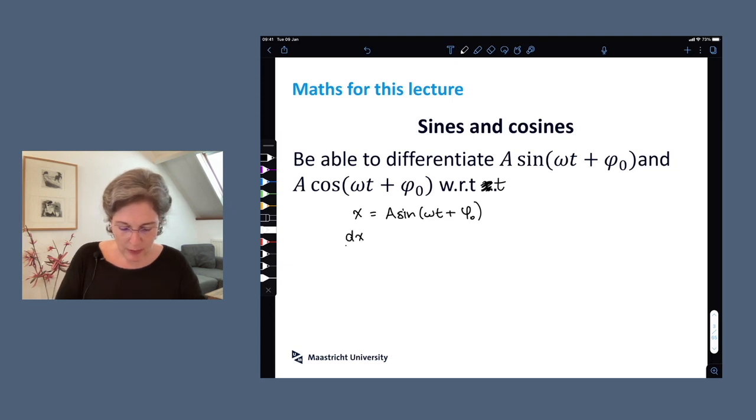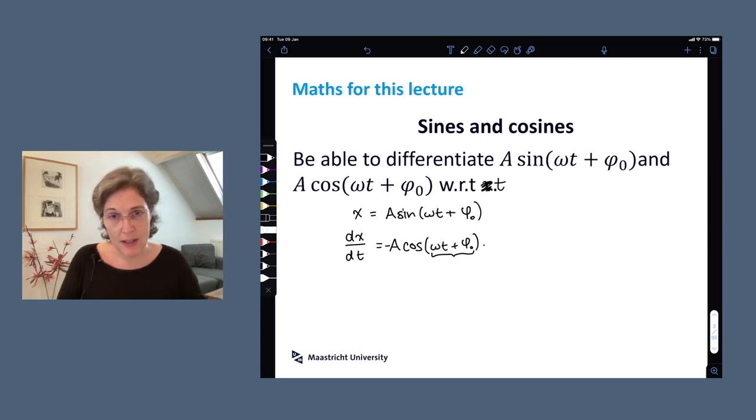Then we have dx by dt is equal to, well, we've got a multiplying our function sine, so the a is just a constant, it comes along. We want the derivative of sine, which is minus cosine. And then we want omega t plus phi 0, and we're going to multiply that by the derivative of omega t plus phi 0.